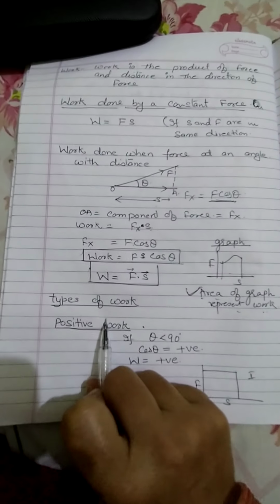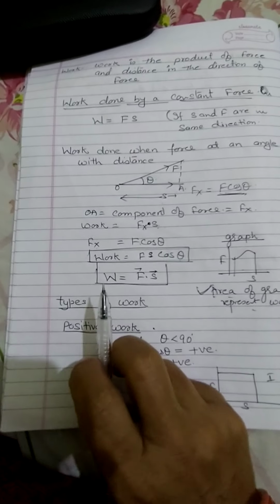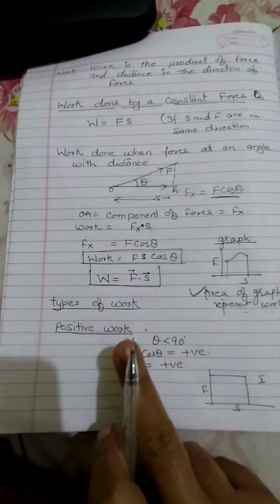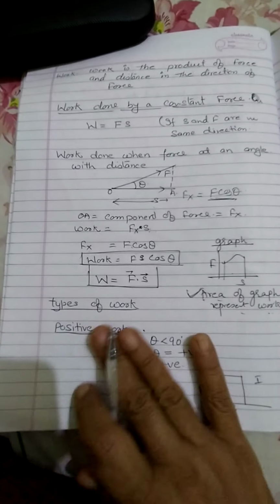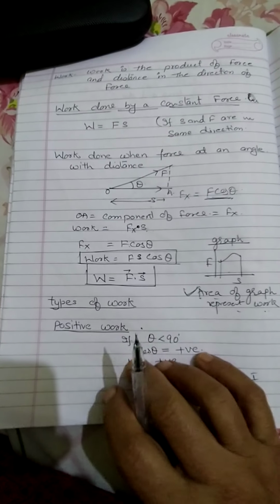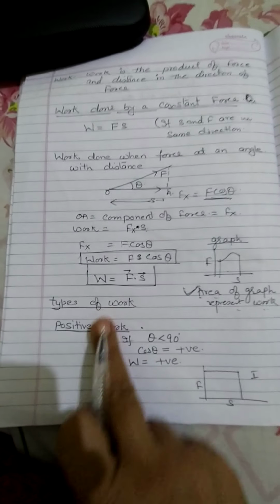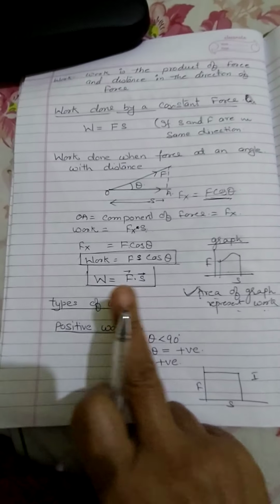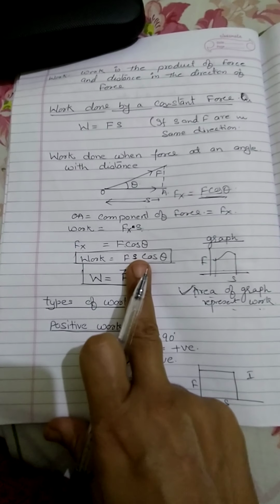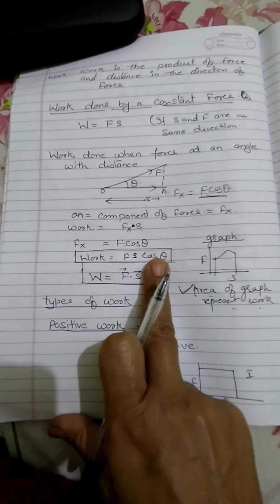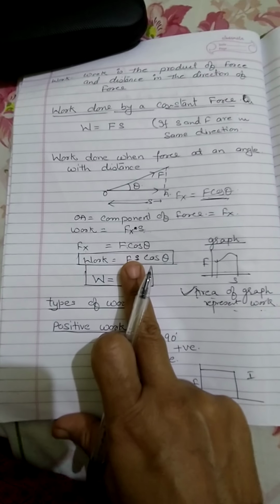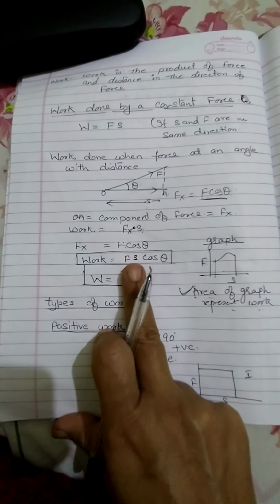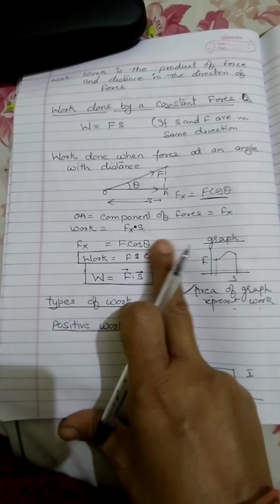Now we have discussed the types of forces. There are three types of work: positive work, negative work and zero work. So first we are talking about the positive work. Since the work is force into displacement into cos theta, force and displacement are vector quantities, but cos theta is a scalar quantity.